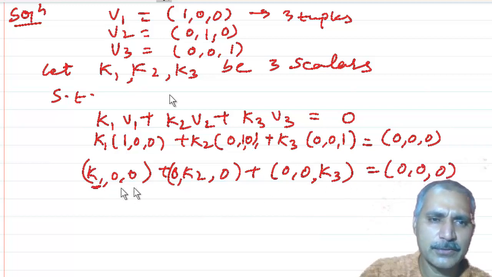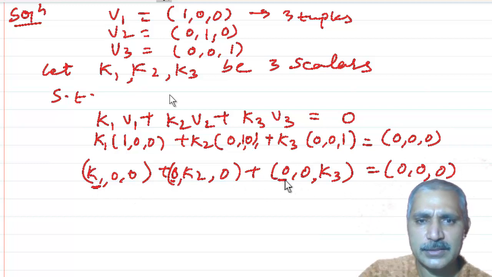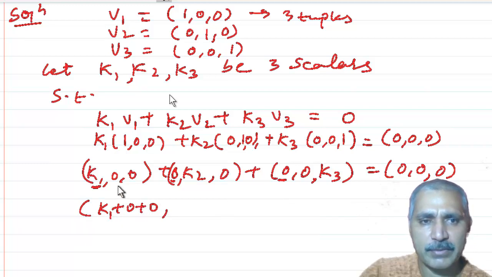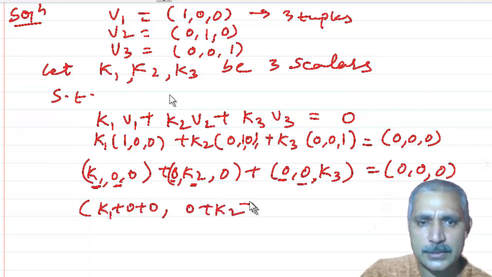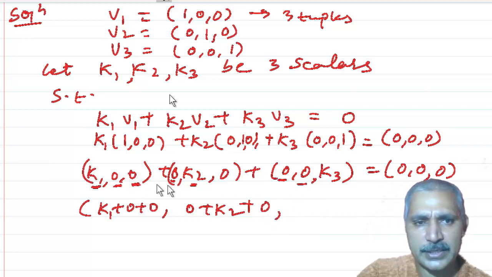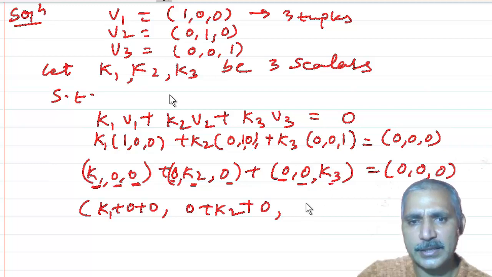Now we will add the first elements of all three vectors. So we will have k1 plus 0 plus 0. Then all the second elements will be added together: 0 plus k2 plus 0. And the third elements: 0, 0, and k3, so it will be 0 plus k3, that is equal to 0, 0, and 0.